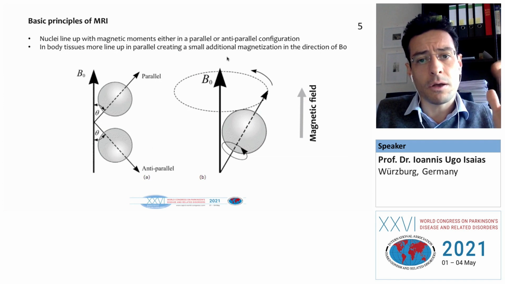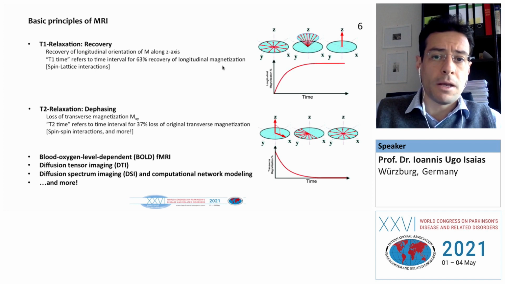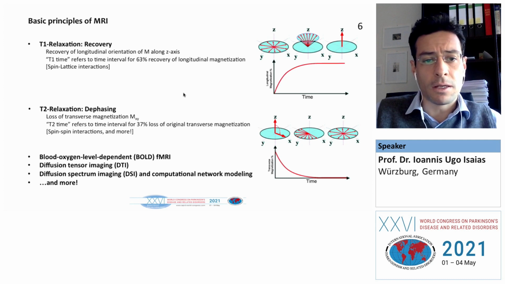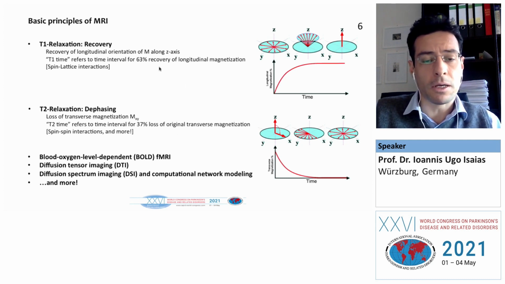And then by applying a relaxation time, either recovery or dephasing, we can investigate the content of different tissues. So basically, we are applying T1 or T2 relaxation, so recovery or dephasing, and this would allow different images to be performed.